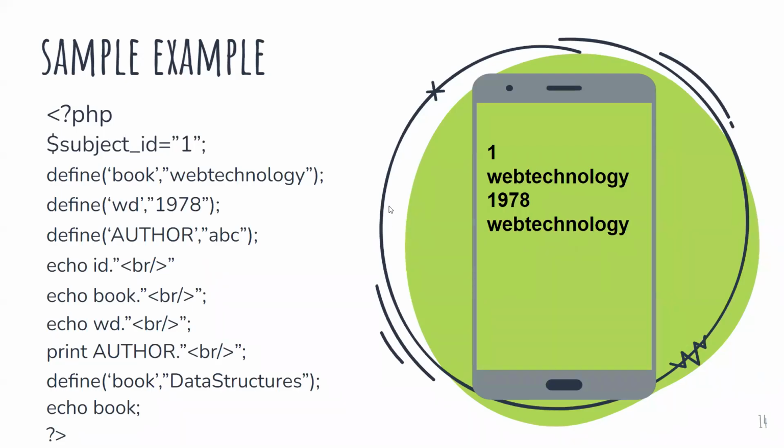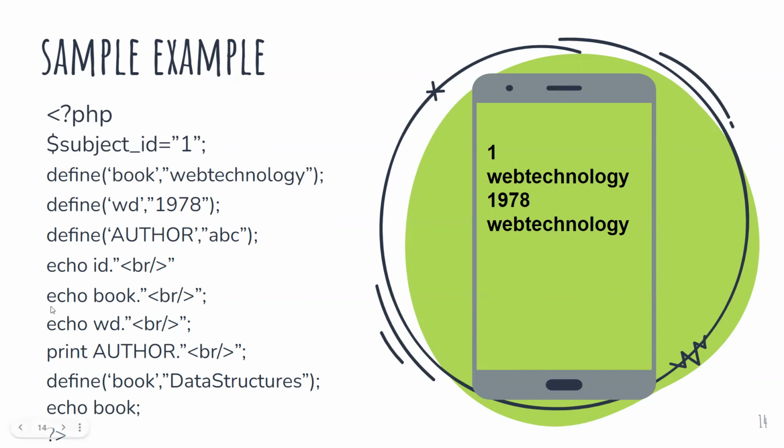This explains how we can initialize normal variables, and also how we can declare constants as well. In case of constants, like I've mentioned, we use the define keyword, and this is the constant name, and then this is the value that book will contain.